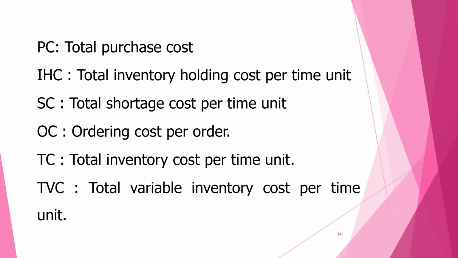In general, in our discussion, we will designate PC as total purchase cost, IHC as total inventory holding cost per time unit, SC for total shortage cost per time unit, OC for ordering cost per order, and TC for total inventory cost per time unit. Thank you.